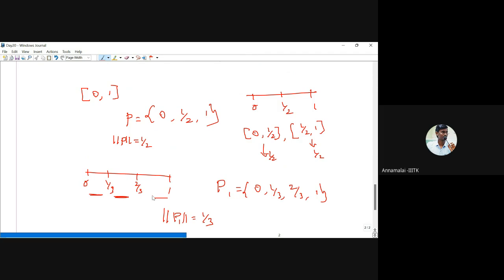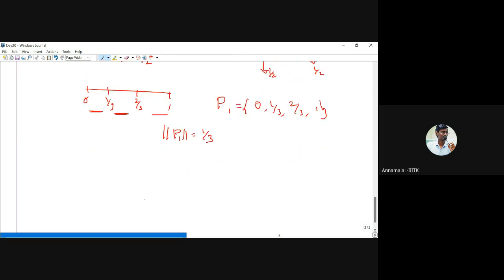Now, these partitions are very important for finding the area under a curve, the area of a bounded function. Now we define two sums: one is the upper sum and another one is the lower sum. That is a very important thing. What do we mean by upper sum and lower sum?